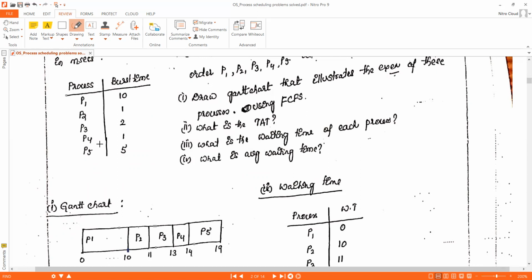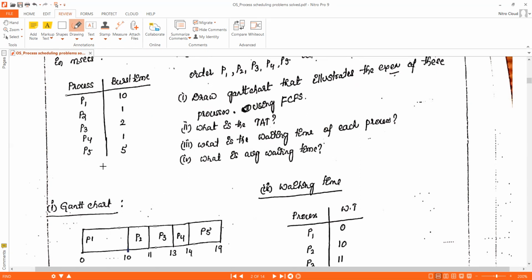Now, the next process in the ready queue is P4. P4's burst time is 1 millisecond. The CPU will be allotted to process 4 at clock time 13 milliseconds, and P4 will complete its execution at clock time 14 milliseconds.